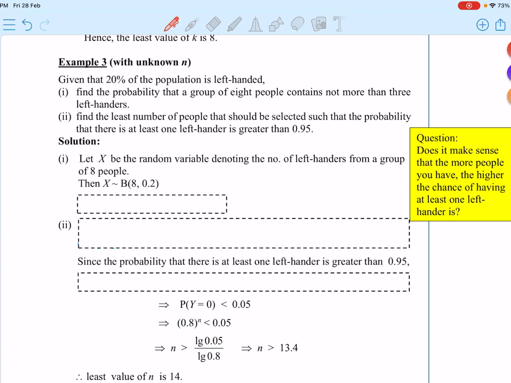So you know that it starts with probability of x, where x is the number of left-handers. You want not more than 3 left-handers, so you know that this is 3. Not more than would be less than or equal to. So 3 is not more than 3, it is equal to. So it is probability of x less than or equal to 3. Then you press your GC, and you should be able to get this value to 3SF.